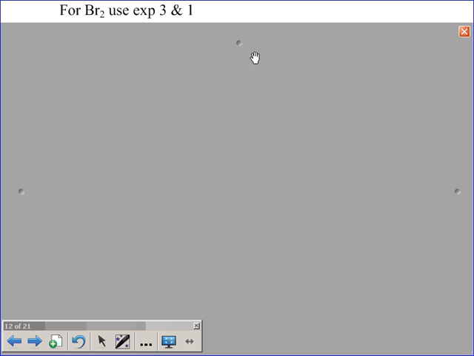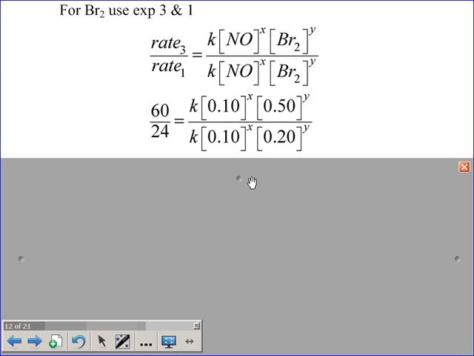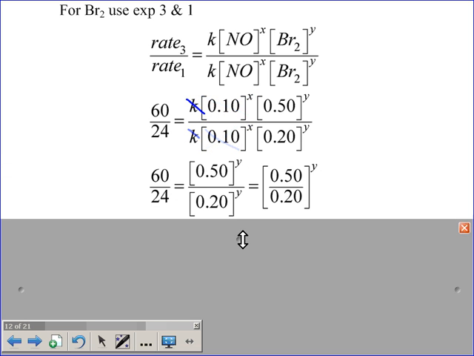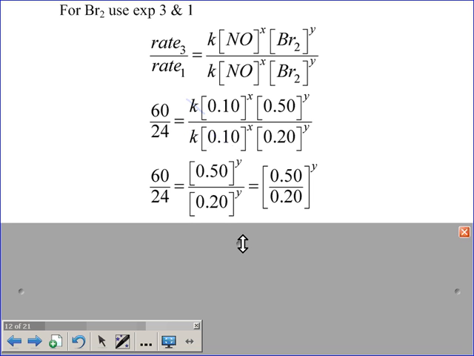For bromine, we'll use experiments 3 and 1. That's where the NO concentration stays the same, so it cancels out. And the K cancels out. So 60 over 24 equals 0.5 over 0.2 to the y power.